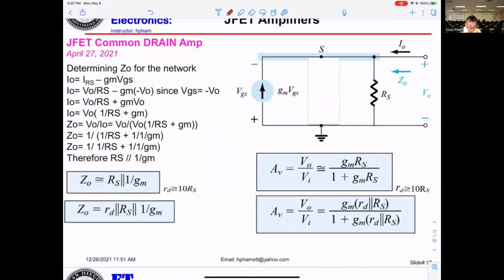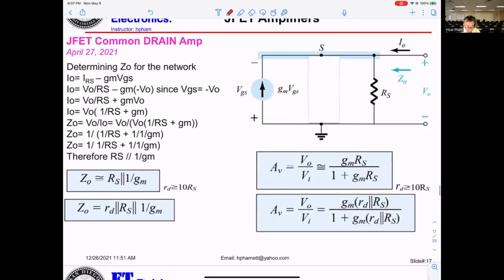I summarize in here. G out for the network. This is the G out here. This is input VGS. That's the voltage from the gate to the source. Okay. And basically, that's what they're telling you.